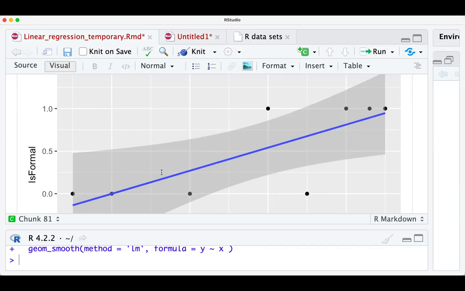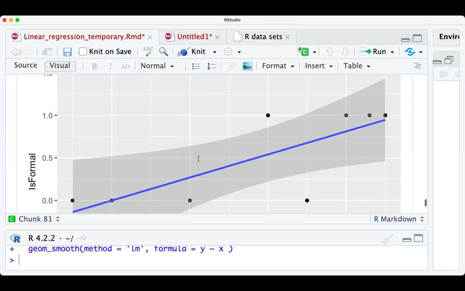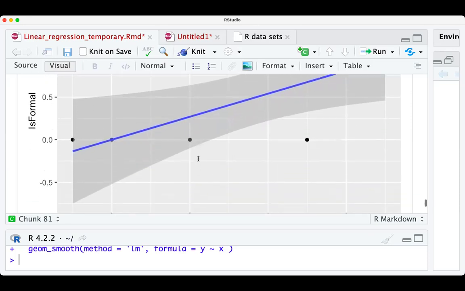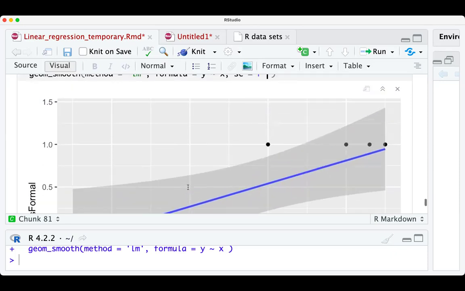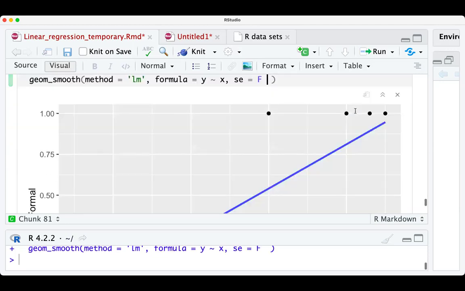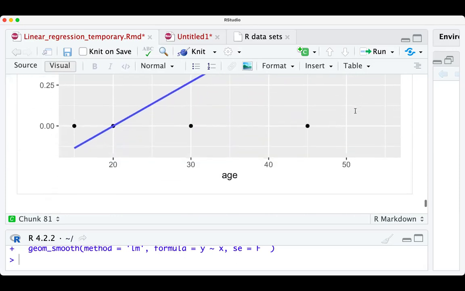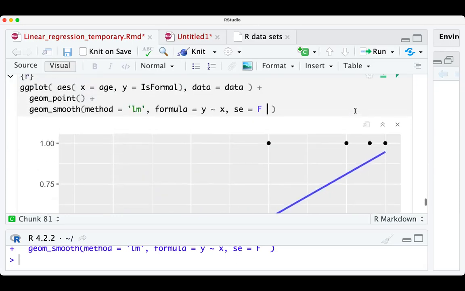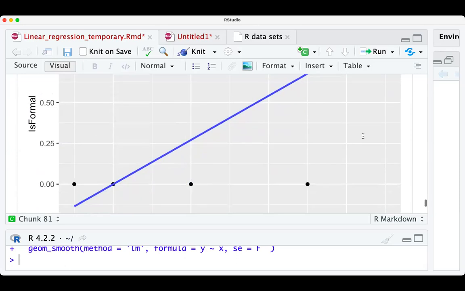It's more likely that the line passes into this area. If we add more data, this area shrinks. But we will simply remove this area and put this problem under the rug. And now we have this estimate.